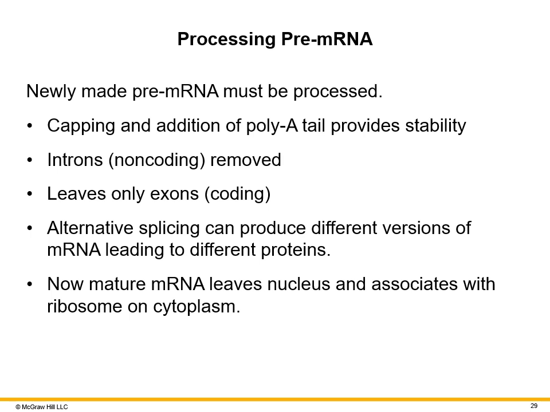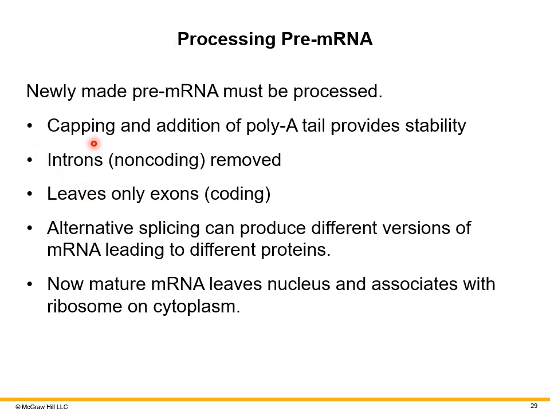After RNA is transcribed from DNA, RNA must be processed before it can exit the nucleus into the cytoplasm. The newly made pre-mRNA is what the unprocessed mRNA is called.